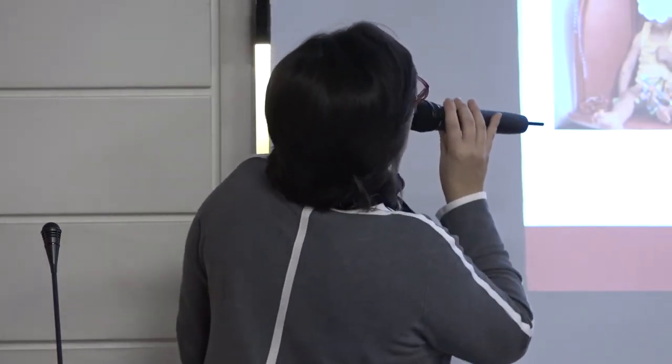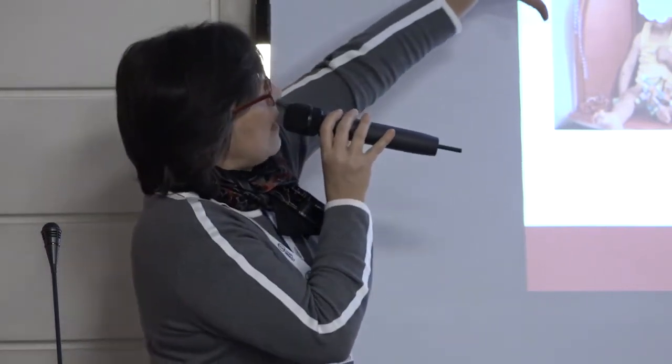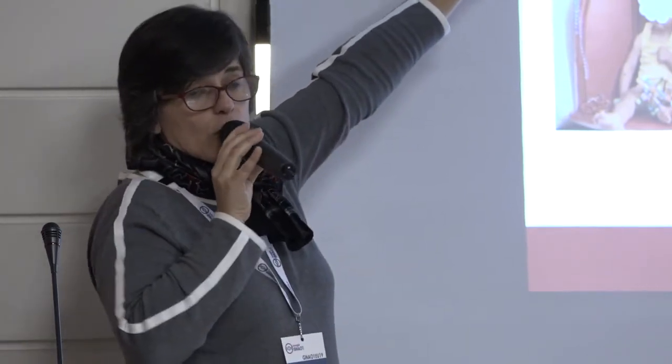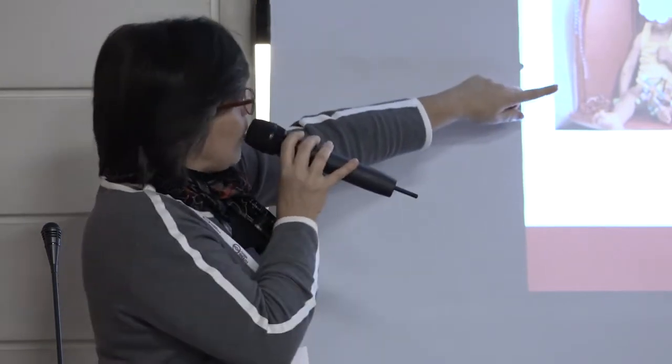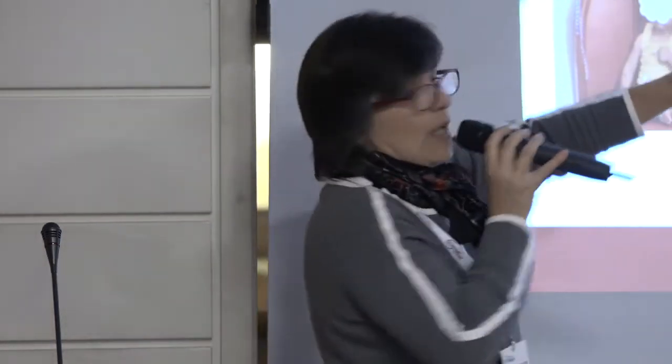auxiliary equipment is extremely important. We see one of our children, she started very young, but here she could not control any of her movements. Then she started to manipulate objects in a more contained environment.